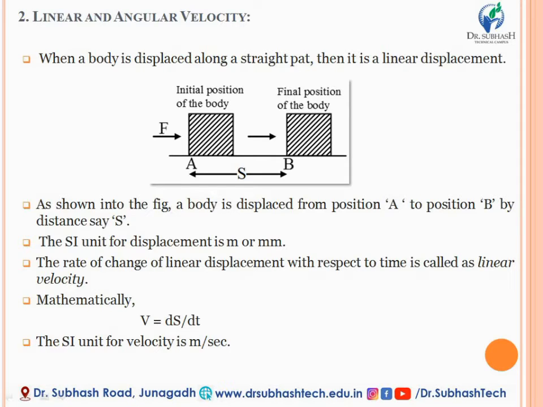So we can say that the body moves from A to B, and the body is displaced. We know that as it displaces from A to B, the unit of displacement is meter or mm.